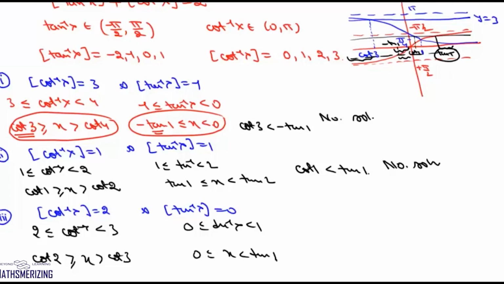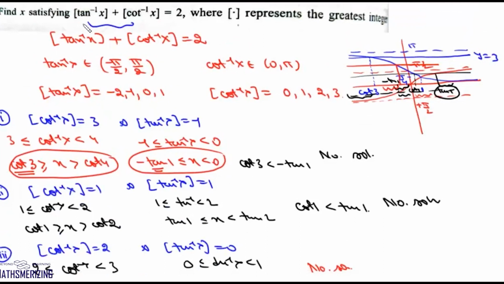Now 2 is greater than pi by 2, so cot 2 will again be less than 0. So in this interval again, we have negative values of x and the second interval is between 0 and tan 1, which is on the positive side. So again, we do not have any common value between the two intervals. So here again, we have no solution. So this equation, greatest integer function of tan inverse x plus greatest integer function of cot inverse x equals 2, doesn't have any solution. So the answer to this question is no solution.